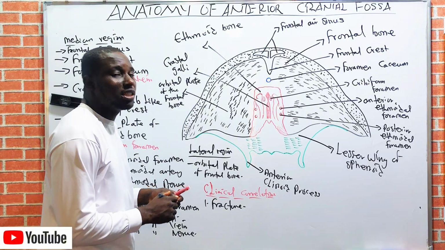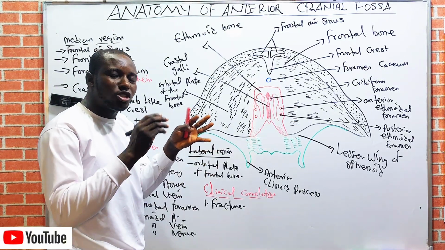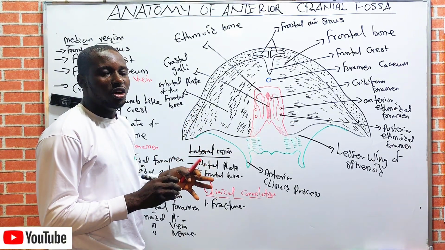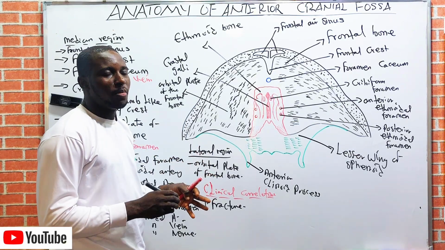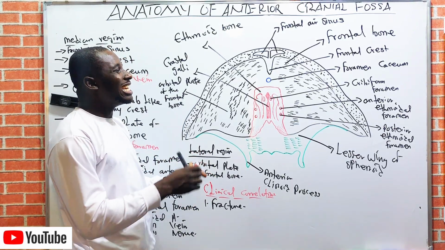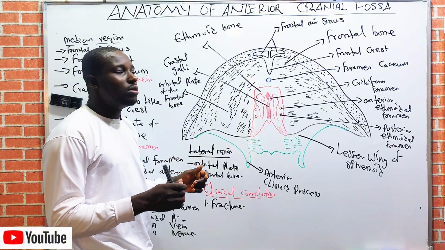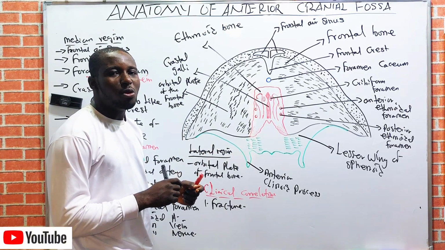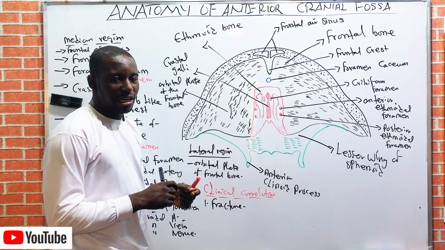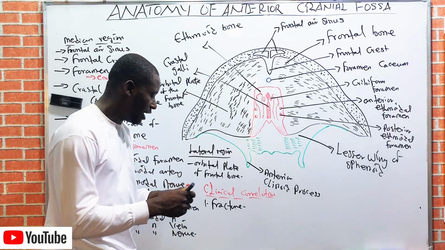The cribriform plate of ethmoid is the most susceptible bony region of the anterior cranial fossa that is prone to fracture. And fracture of the cribriform plate of the ethmoid bone will lead to two conditions. Number one is anosmia. Number two is CSF rhinorrhea.